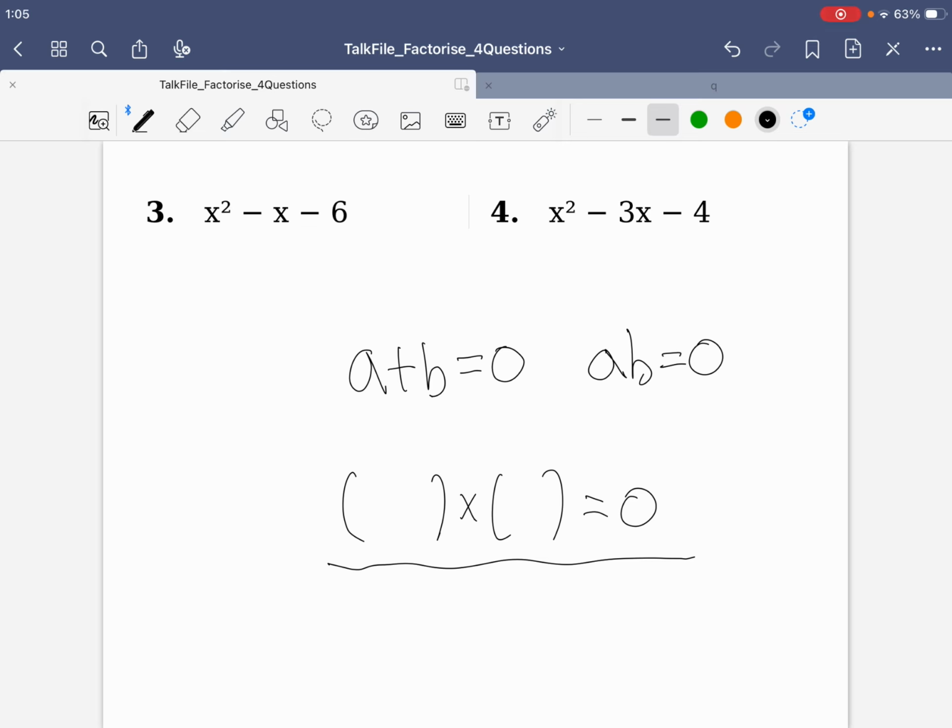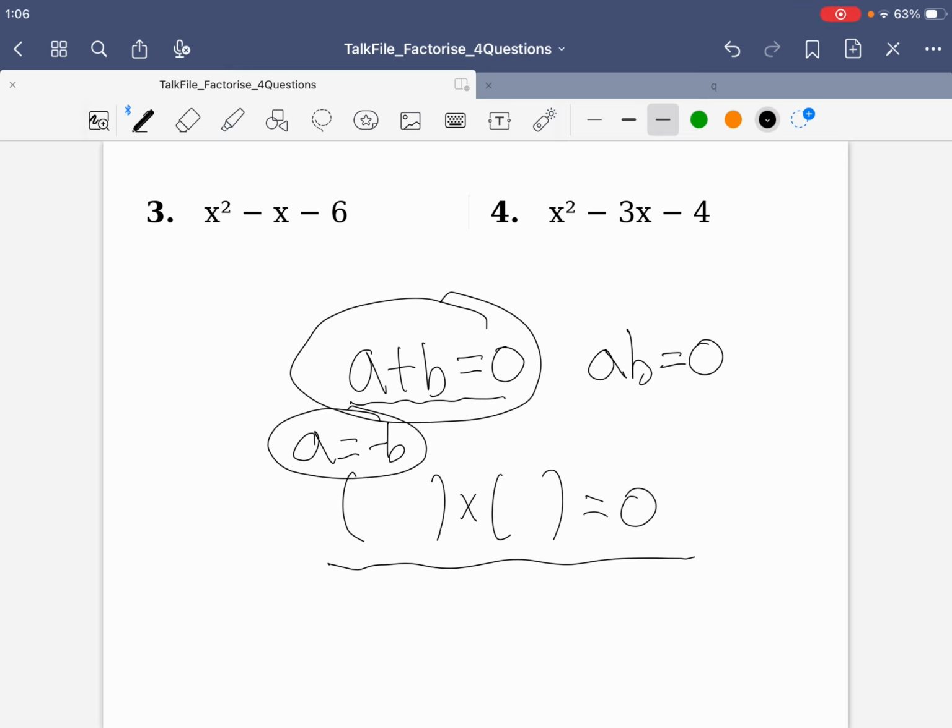When you know a plus b equals 0, this is not really useful, I think, because you can change this expression and get a equals minus b. It's not nothing, but it's really hard to pin down the values.